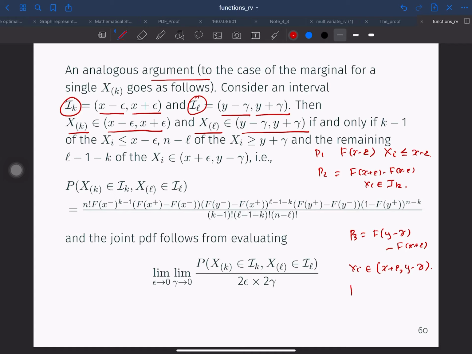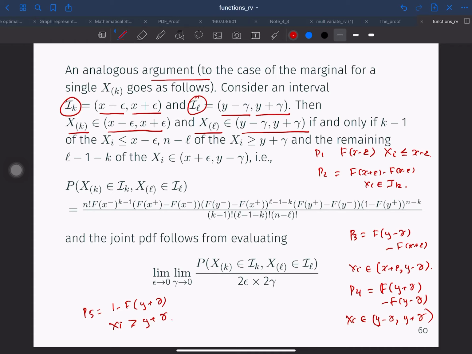And then I have P4, which is f of y plus gamma minus f of y minus gamma, corresponding to xi belonging to y minus gamma to y plus gamma. And finally, P5 is 1 minus f of y plus gamma, which is the same as xi bigger than y plus gamma.